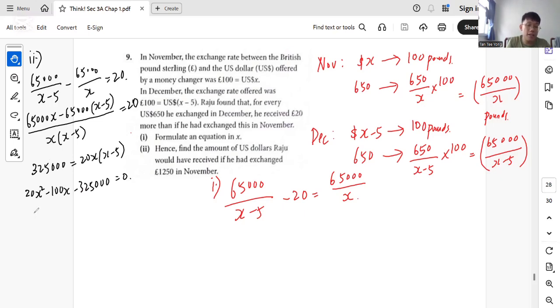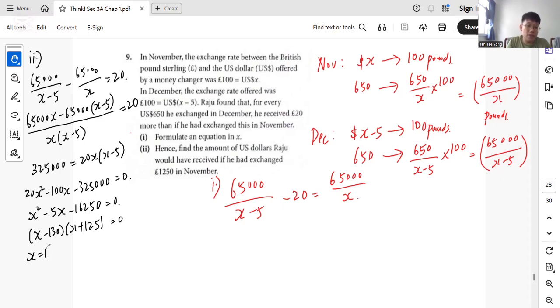I can just factorize out 20 and divide. So x squared minus 5x minus 16,250 equals 0. Then I will try to solve this quadratic equation. I can factorize actually. So x minus 130 and then x plus 125 equals 0.